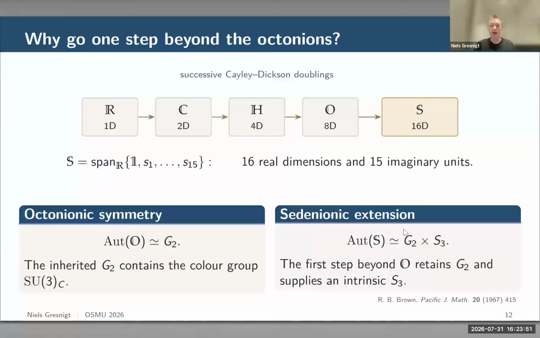So that's why, if I look here at the automorphism group of the sedenions, it's got this G2 part and it's got this discrete S3 part. And so the whole motivation of my construction has been, can I use this S3 and interpret it as a family symmetry so that I can get 3 generations instead of just 1 generation, which is what a straightforward construction with octonions gives you.